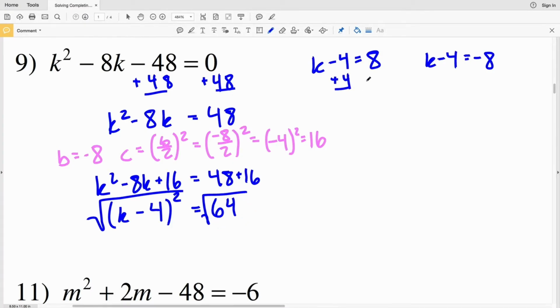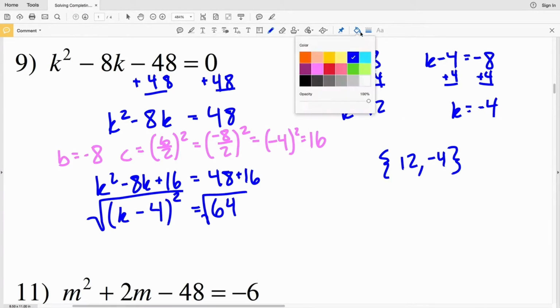So we'll add 4 to both sides in this first equation to get that k is equal to a positive 12. And then we'll add 4 to both sides in that second equation to get that k is equal to a negative 4. So my two solutions in number 9 are 12 and negative 4.